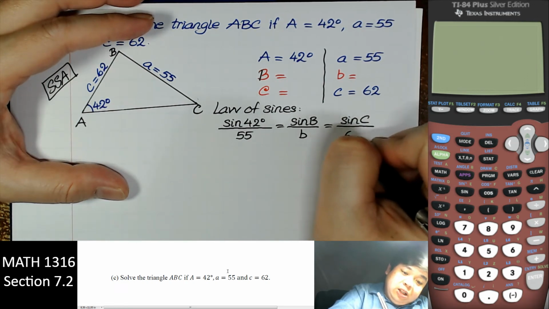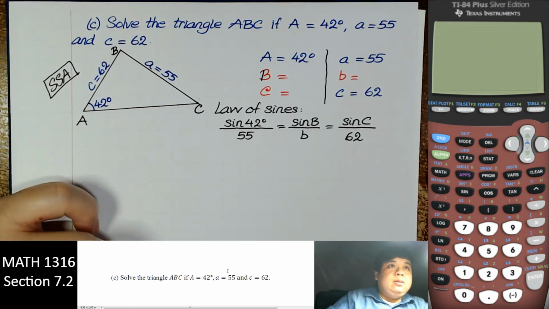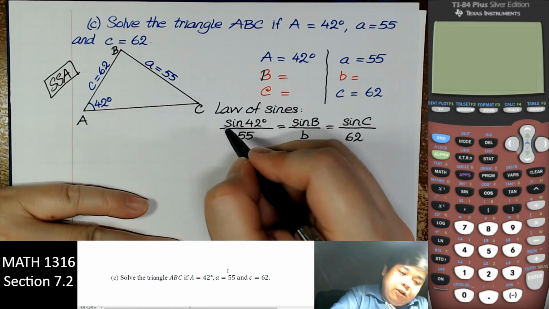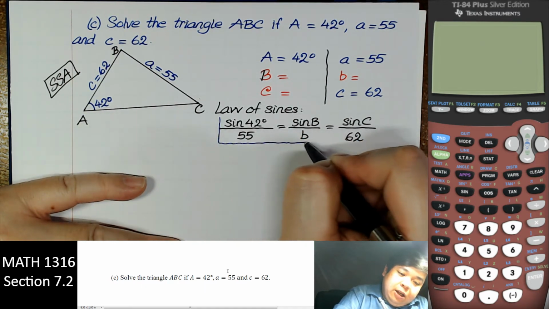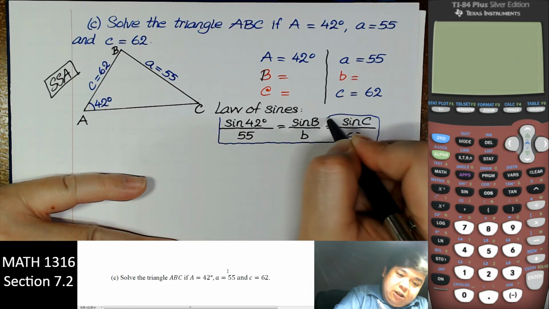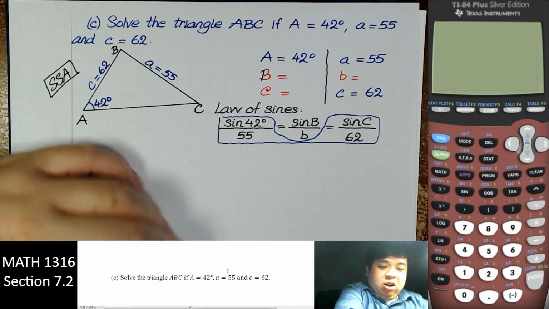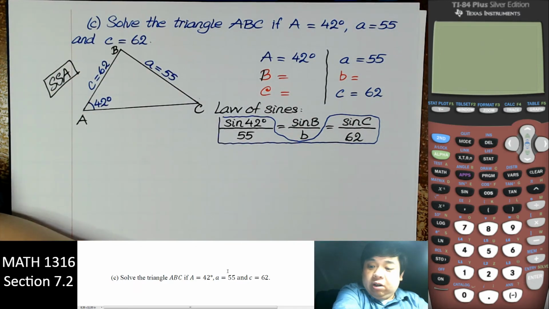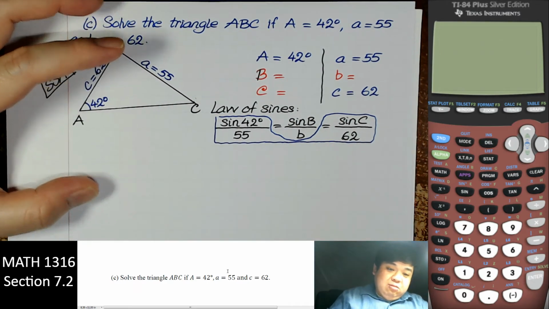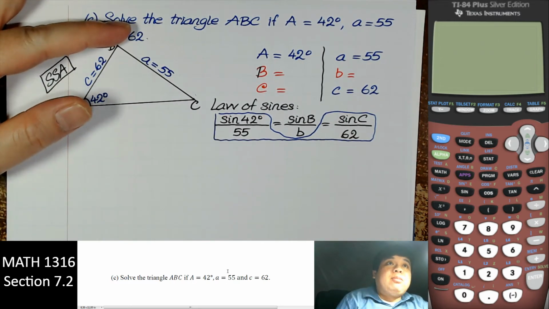We know little c is 62. Then we can use the first and the last, because we don't know either B or little b. That will be useless.